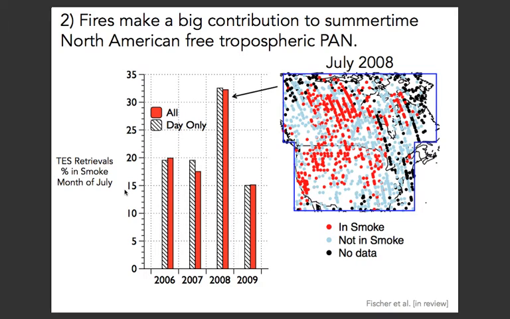And what you can see over here is a summary of that for the month of July. This is the percent of these retrievals that are in smoke from 2006 to 2009, and pretty much whether you use all or daytime retrievals, it doesn't matter. So somewhere between 15% and 35%, depending on the year, of this elevated PAN is likely in smoke.